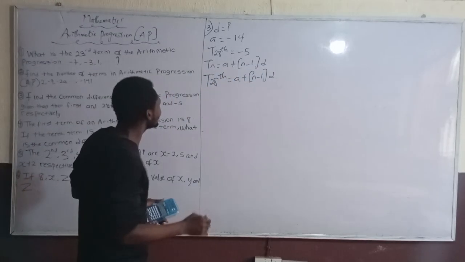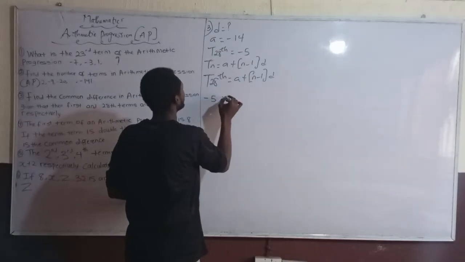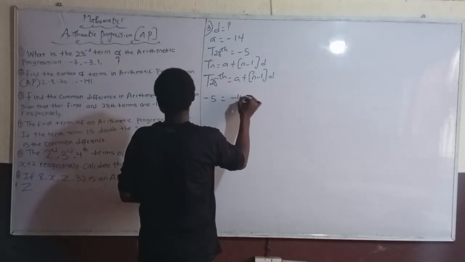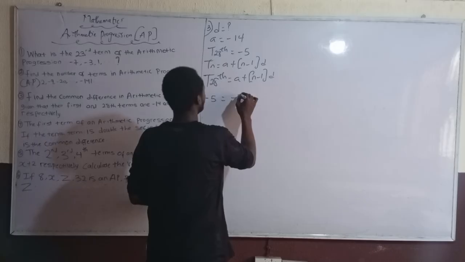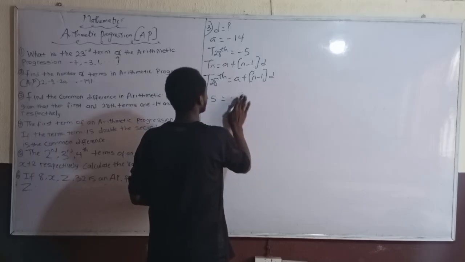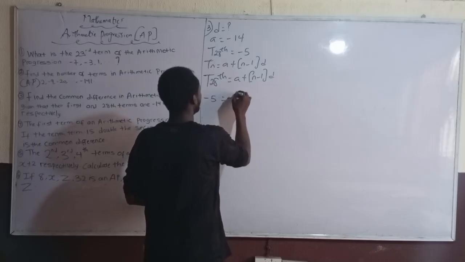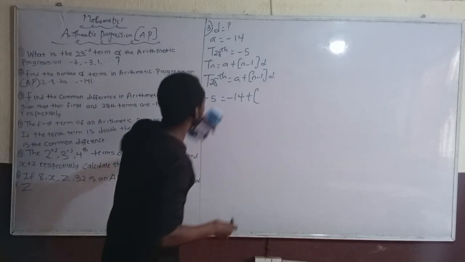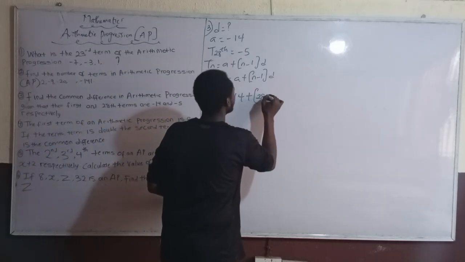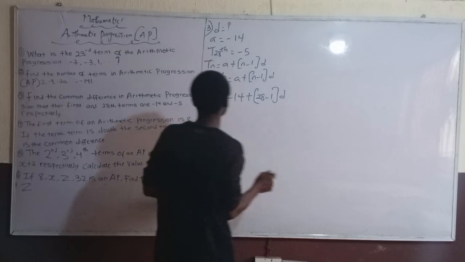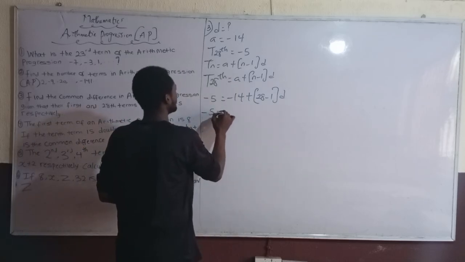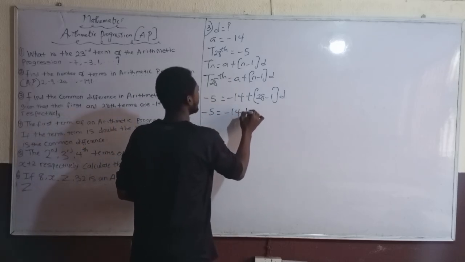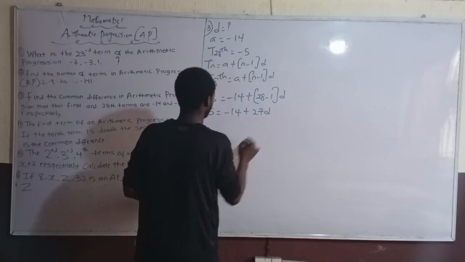Now T28 is minus 5, A is minus 14, plus my number of terms becomes 28 minus 1 and I have d. Minus 5 equals minus 14 plus 27d.